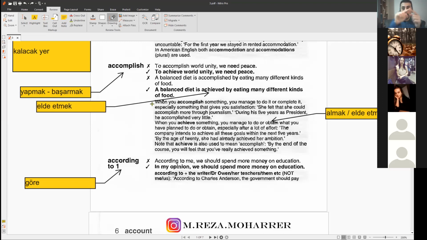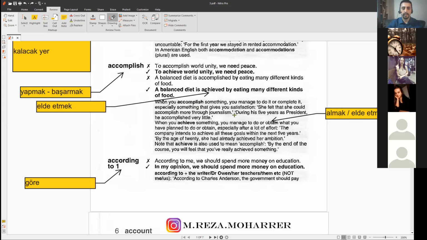It means that on the way, in the process, I tried really hard. So it's called achievement. But accomplishment, you do something very important and outstanding. In Turkish, you see the meanings of these words, obtain, almak or elde etmek, and the same. But accomplish is something higher than achieve.